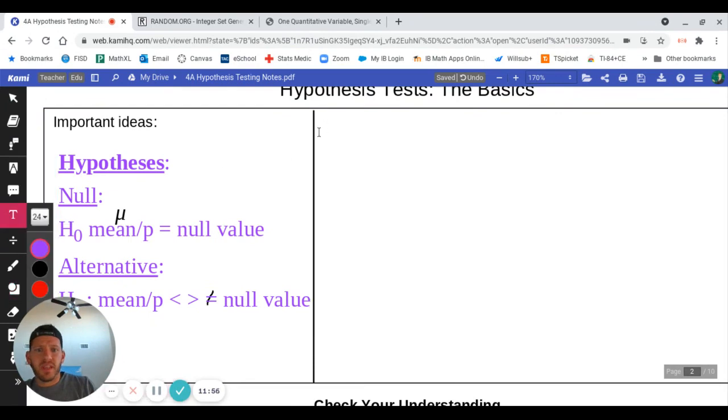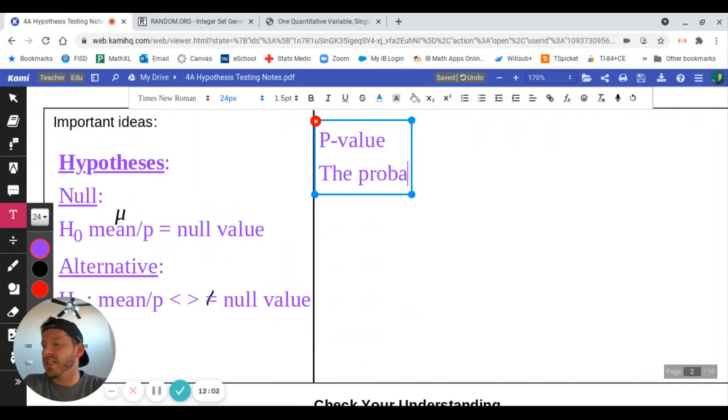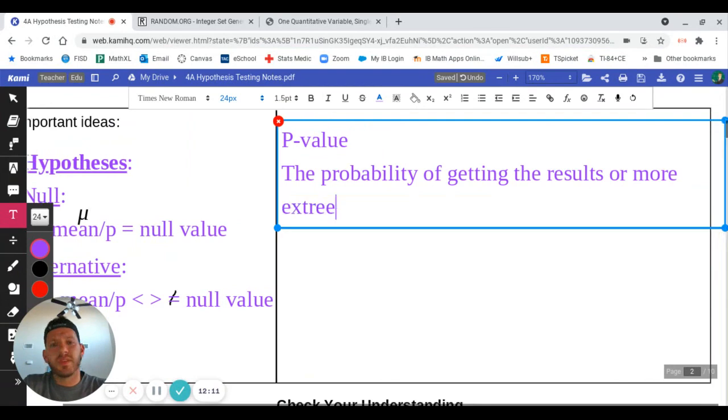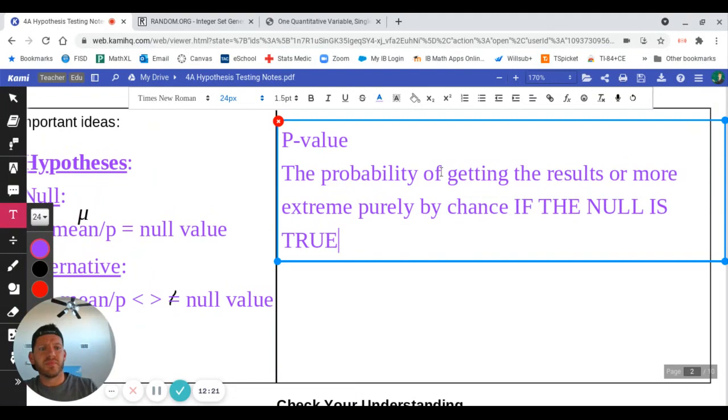Next, we want to talk a little bit about p-value. We chatted a little bit about this in the Parkinson's idea. The probability of getting the results, or more extreme, either higher or lower, purely by chance if the null is true.